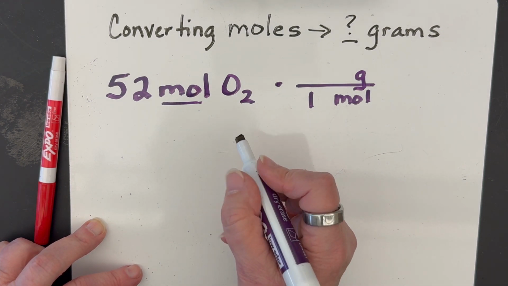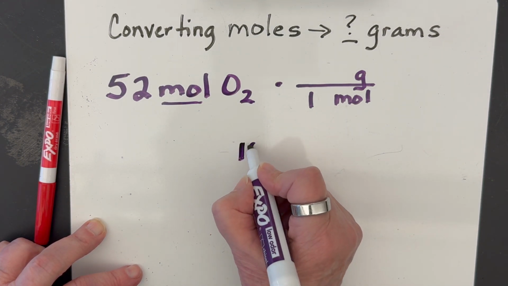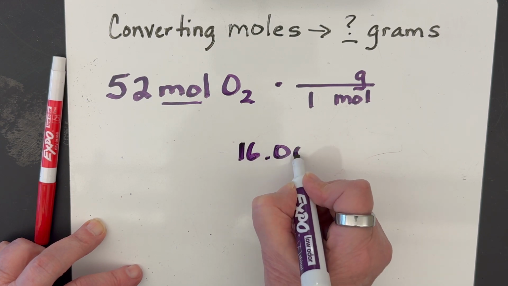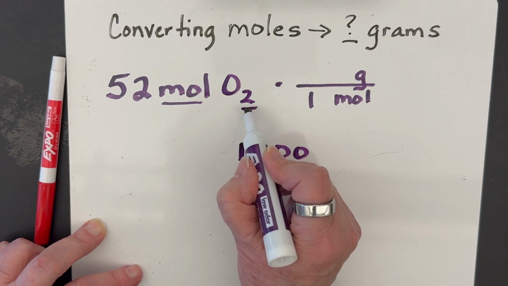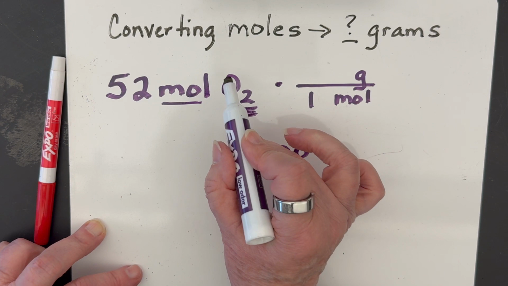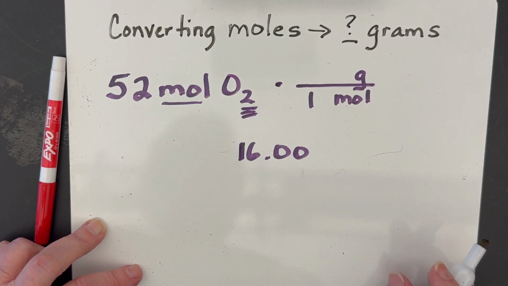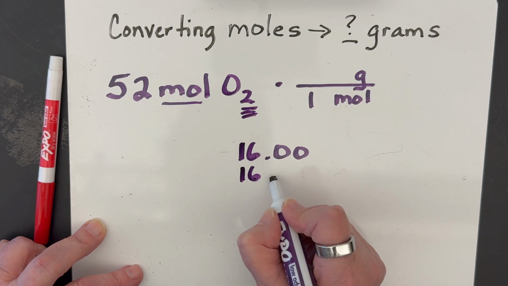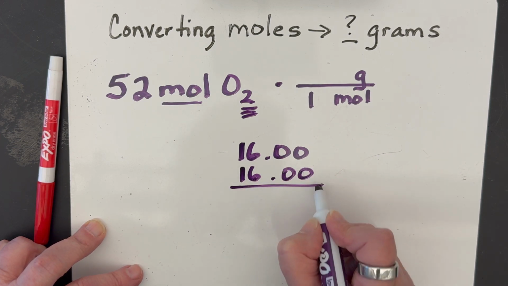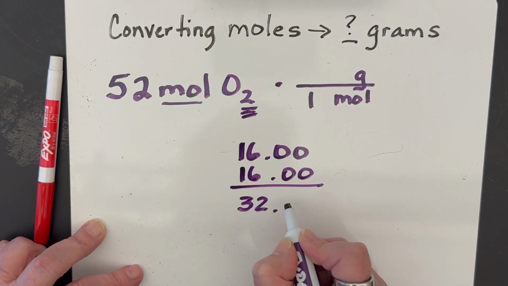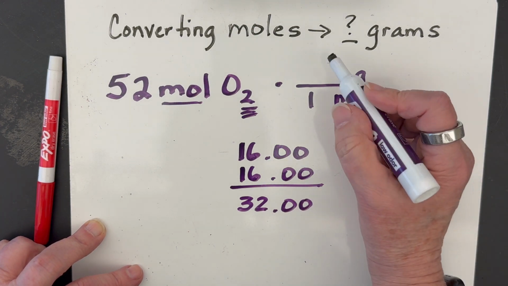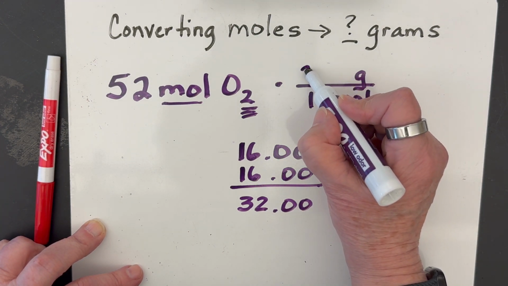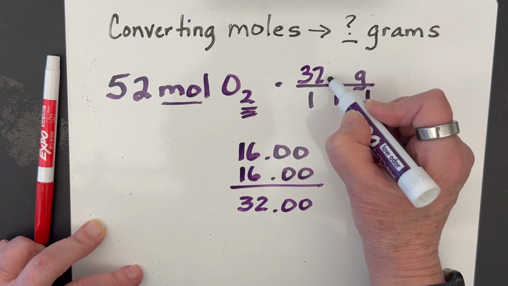So oxygen, 1 oxygen is 16. But notice there's a 2 right here, which means 2 atoms of oxygen bonded together. So we have to double that. So our molar mass is 32.